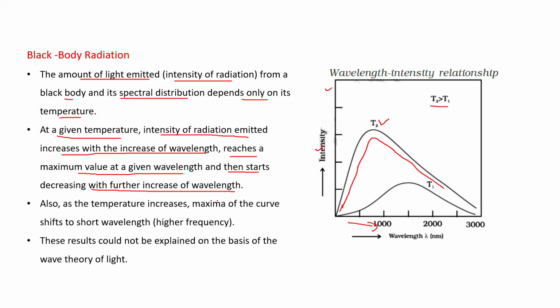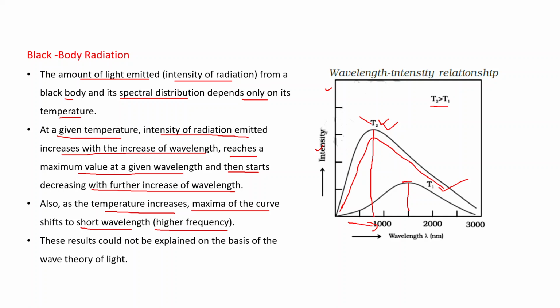Also, as the temperature increases, the maxima of the curve shift to short wavelength, that is, higher frequency. If we compare these two lines, temperature T1 and temperature T2, and this is the maxima: at the lower temperature, the maxima is at higher wavelength, and at the higher temperature, the maxima is at lower wavelength.